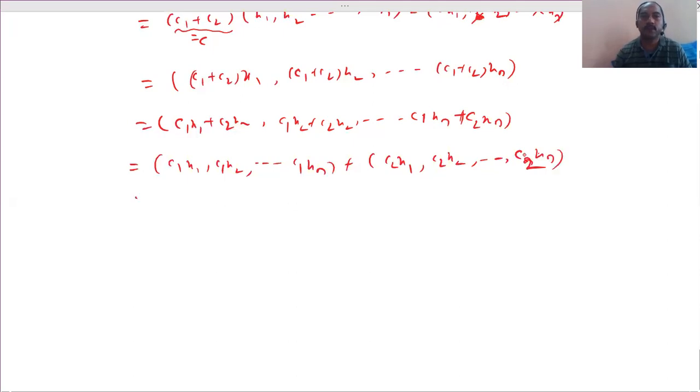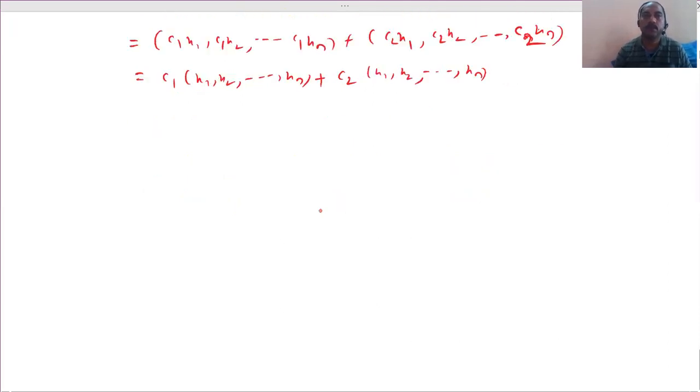In the first one, C1 is common, x1, x2, and so on, xn. In the second one, C2 is common, x1, x2, and so on, xn, which is equal to C1 alpha plus C2 alpha. So yeah, RHS over.